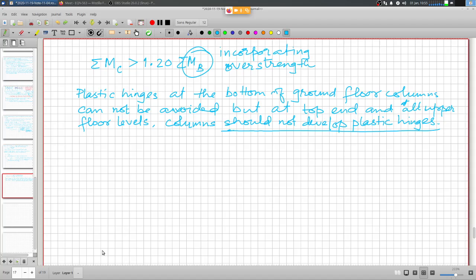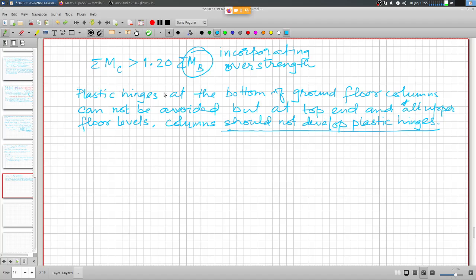So if you can do that, it may be possible to save a little bit on the transverse steel in columns, but it's probably too much of a hassle, and it's probably much easier and much quicker to just adhere to ductile detailing provisions in the code, and go ahead with it.